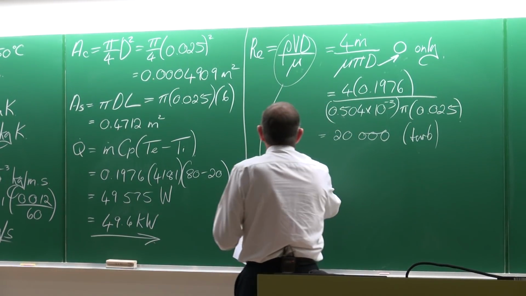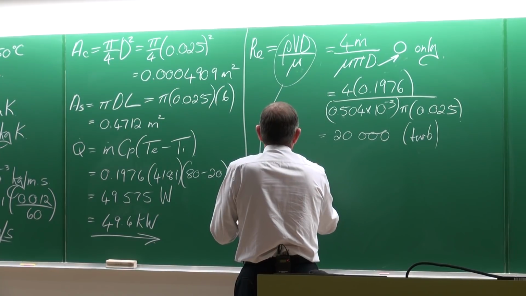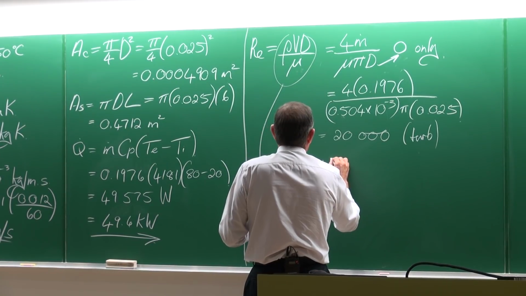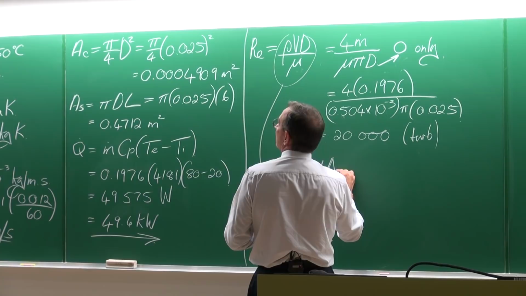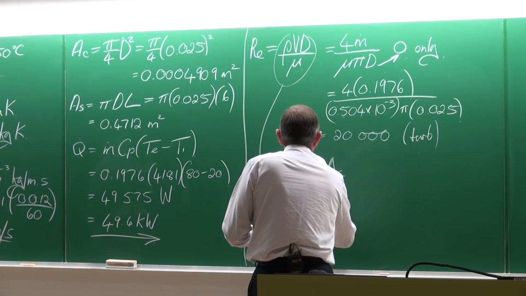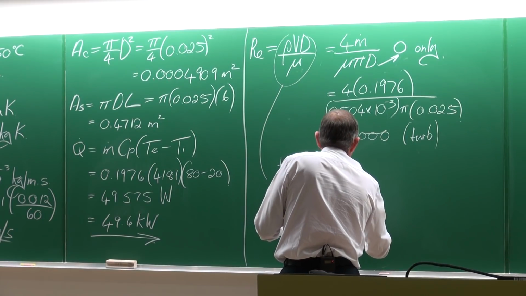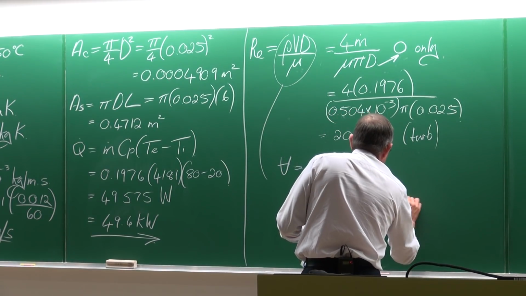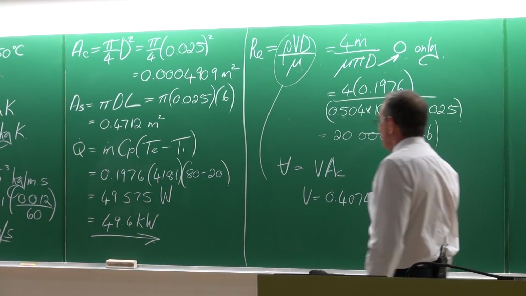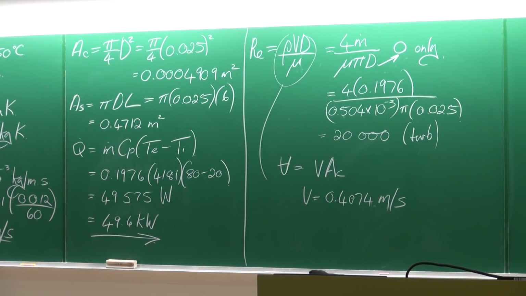How can you calculate the velocity? Well, the volume flow rate is equal to the velocity multiplied by the cross-sectional area. From this, you can calculate the velocity, which is equal to 0.4074 meters per second. Then you can put it into that equation, and you should get the same Reynolds number.